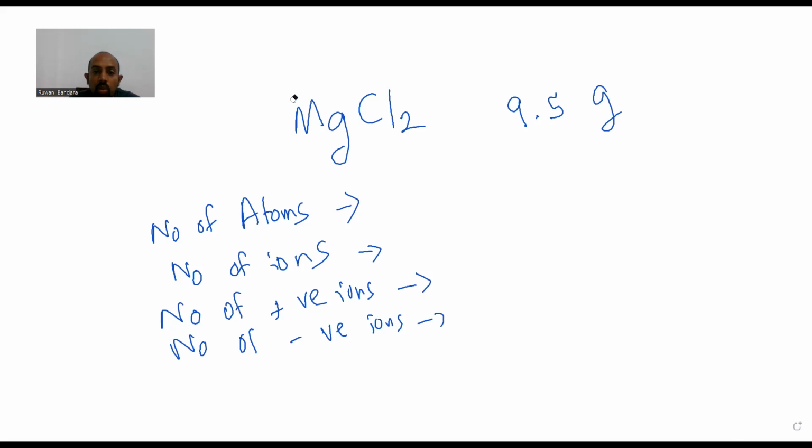Let's call Keshan. What is the answer for the first one? What is the number of atoms? 3. In 9.5 grams?